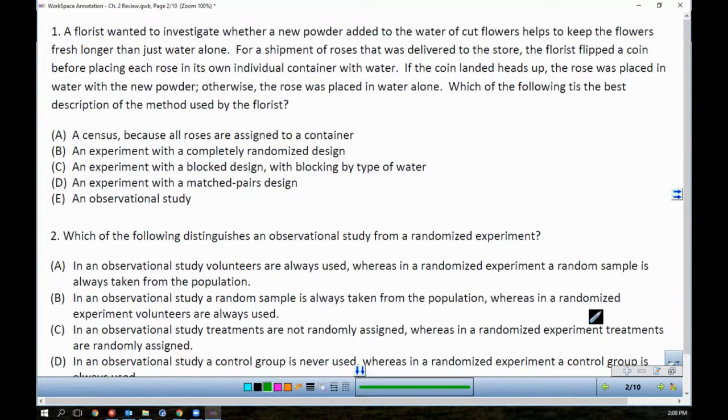Okay, so let's take a poll here before we run through the answers. How many think it's a census, because all roses were assigned to a container? B, an experiment with a completely randomized design. C, an experiment with a block design with blocking by type of water.